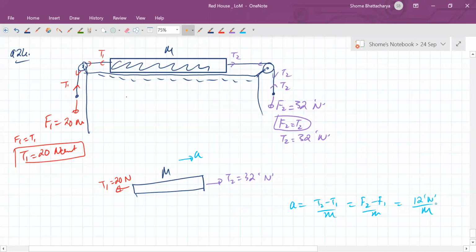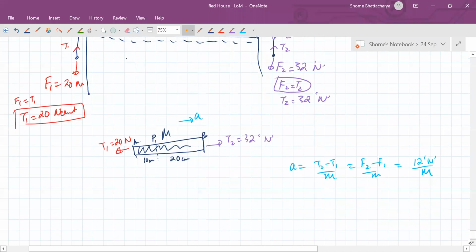Okay. Now we want to find the tension within the rod. Now this is like a rod. Now this has some internal tension also, and we want to find the tension in this cross section, which is dividing this in ratio of 1 is to 2. This is 10 centimeters, this is 20 centimeters. Okay. So if we are calling this rod AB, and this point is some P in between.